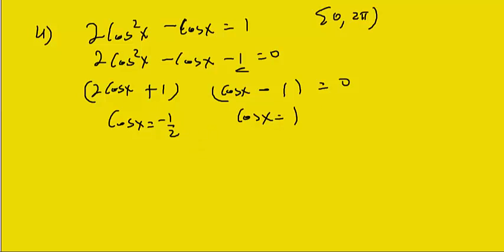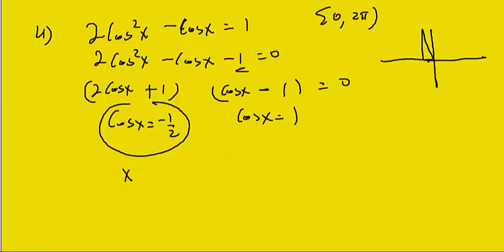Okay, let's take care of this. On the unit circle, where is cosine equal to -1/2? It's right there. I don't want decimal answers. So -1/2 is right there, which is x is equal to 2 pi thirds.